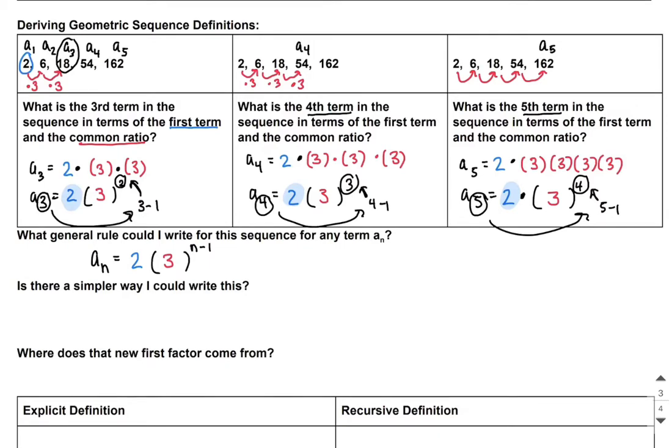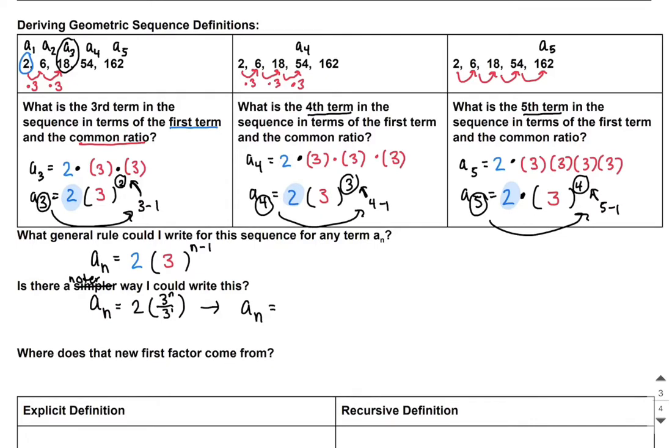Another way I could write this, not a simpler way, but another way, is a sub n is equal to 2 times 3 to the nth power over 3 to the 1st power, because of my rule for subtracting powers. And then that simplifies to a sub n equal to, I can pull out this 3 to the 1st power.